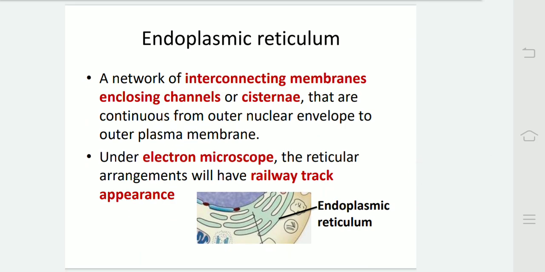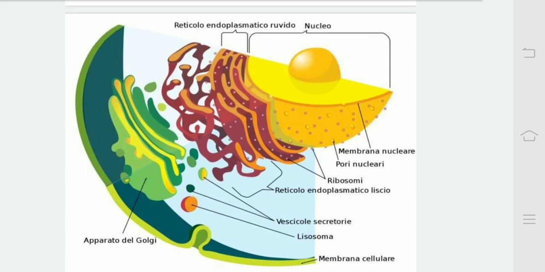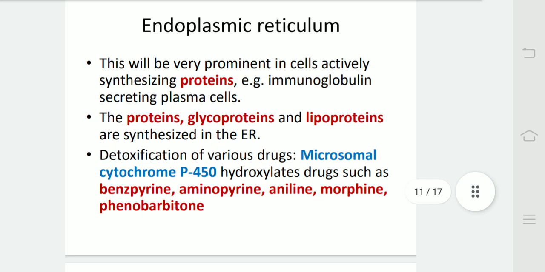Endoplasmic reticulum. It is a network of interconnecting membranes enclosing channels or cisternae that are continuous from the outer nuclear envelope to the outer plasma membrane. This is a diagram that shows endoplasmic reticulum next to the nucleus. Under the electron microscope, the reticular arrangement has a railway track appearance.